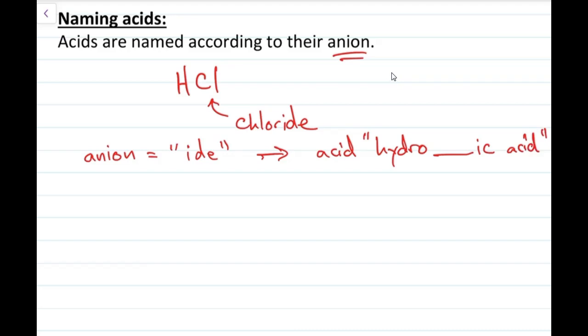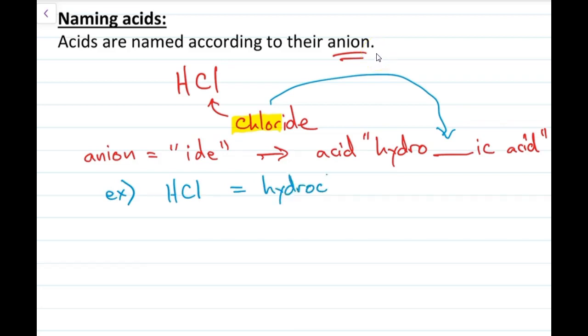Okay, so what I'm saying here is, for this one, instead of chloride, I'm going to take that base chlor and put it right here as the base between hydro and ic. So therefore, HCl, this is my example, HCl equals hydrochloric acid. So again, hydro-ic acid, because the negative ion, the anion here, ended in "ide."